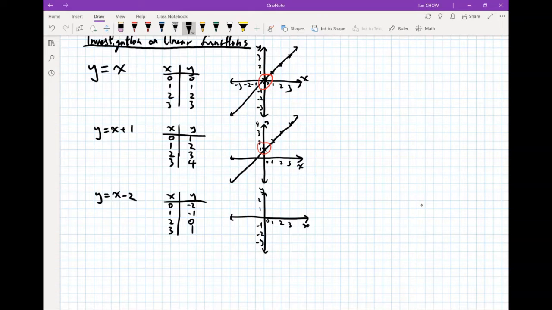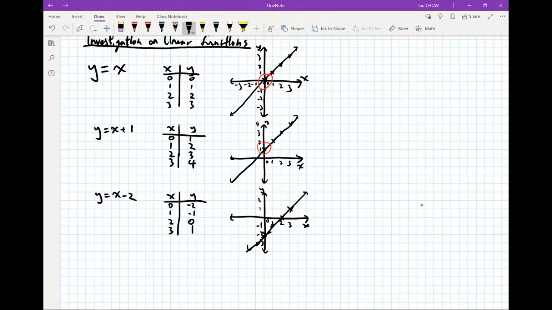When x is 0, y will be -2. When x is 1, y is equal to -1. When x is 2, y is equal to 0. When x is 3, y is equal to 1. We can see our points are still in a straight line, but this time it's down here like this.